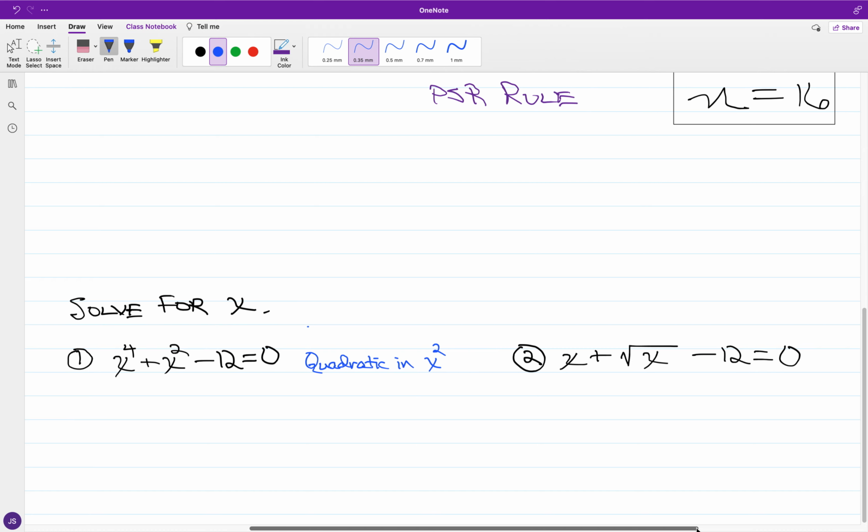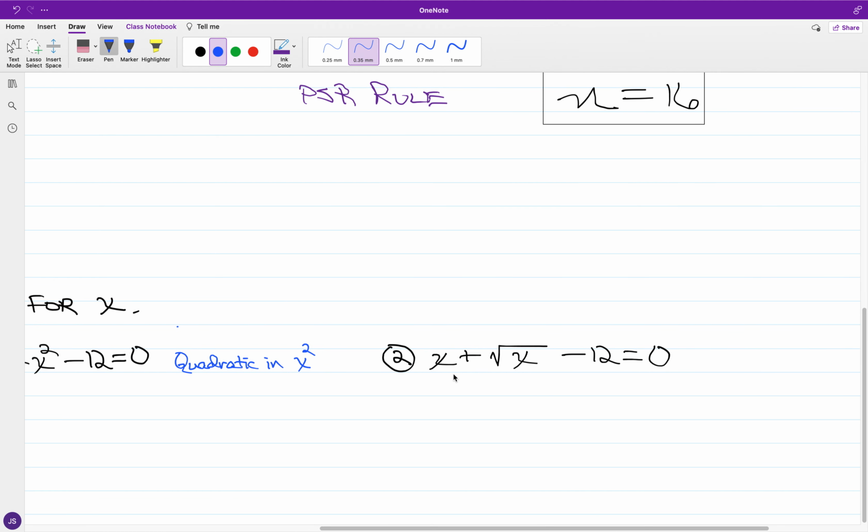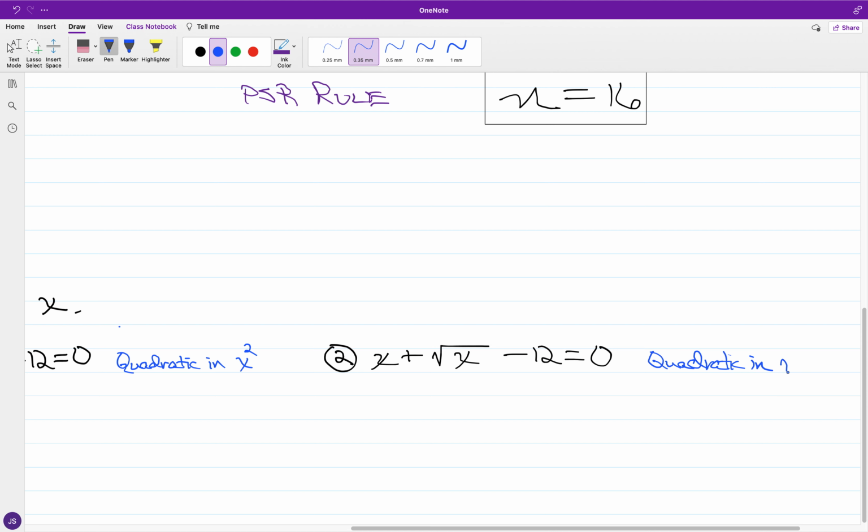And for x plus the square root of x minus 12, now x is first order, and the square root of x, if you were to write as a base to a power, would be x to the 1/2, so you have a 1 to 1/2 ratio, which still comes out to a 2 to 1 proportion. And so this equation is quadratic in form, and this will be quadratic in terms of the square root of x.